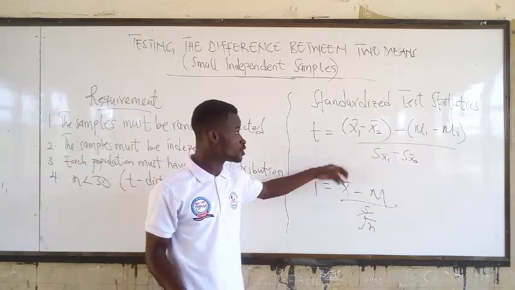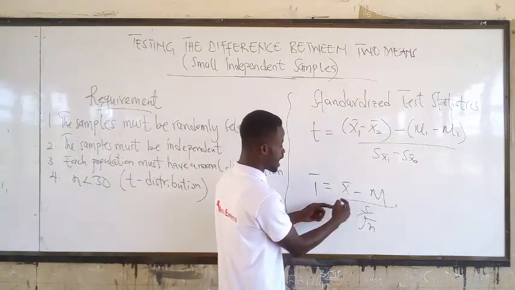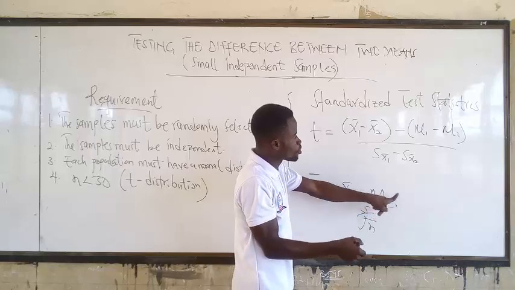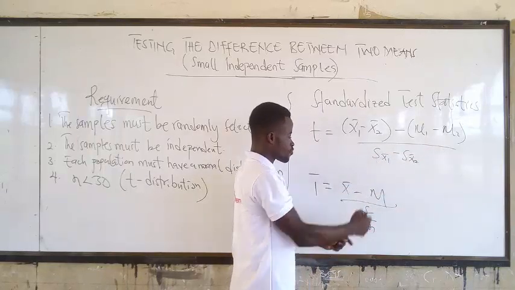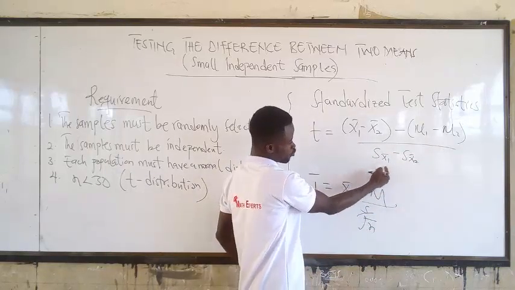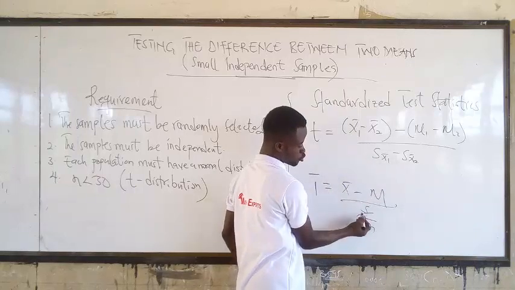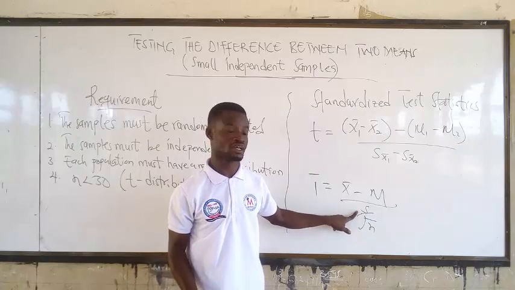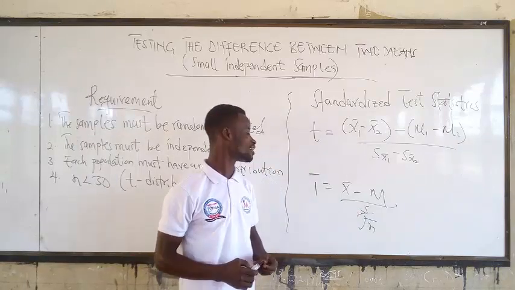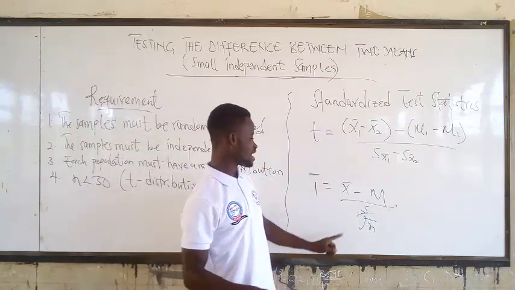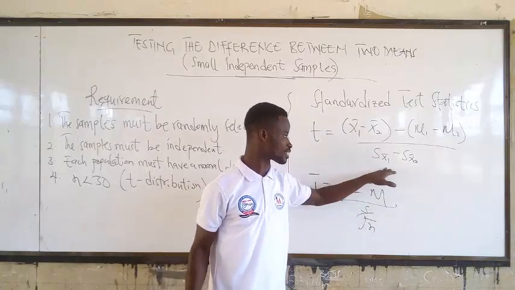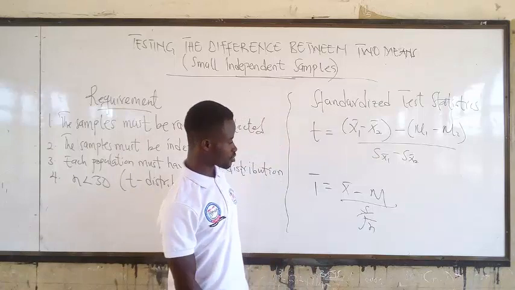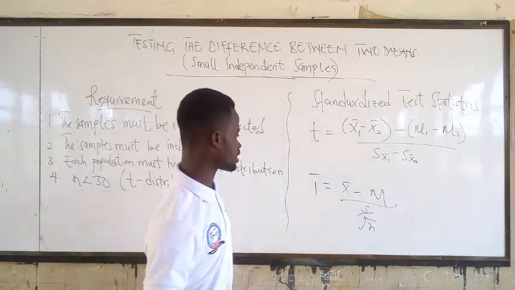So if you know this, don't cram this. Two means, then this will be x bar 1 and x bar 2, so you subtract the second one from it. That's why here we are having it to be 2. The sample standard deviation 2 is based on the point estimate. Alright, so that is that.